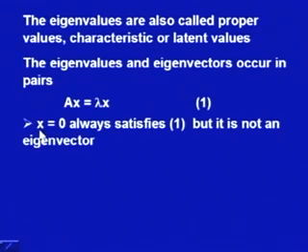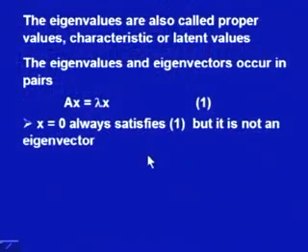From this, we can say that x is equal to 0 always satisfies equation 1, but it is not an eigenvector, because by the definition we have included only those values of x which are non-zero.